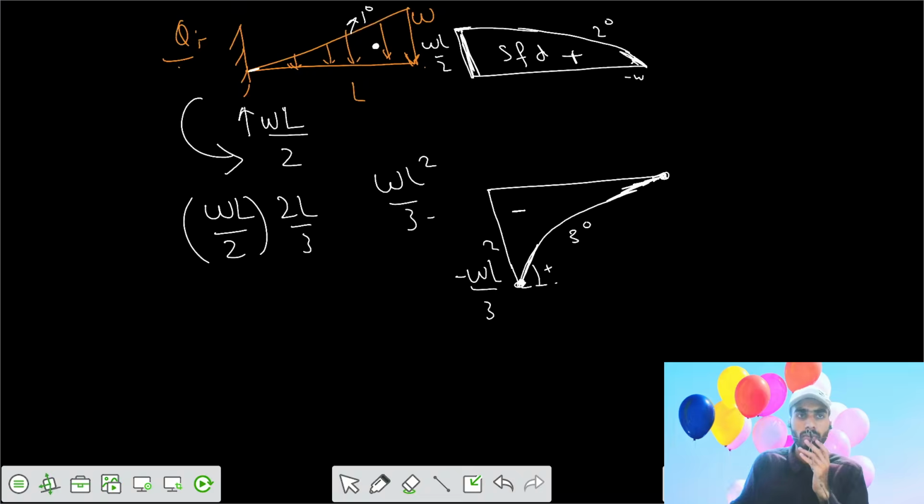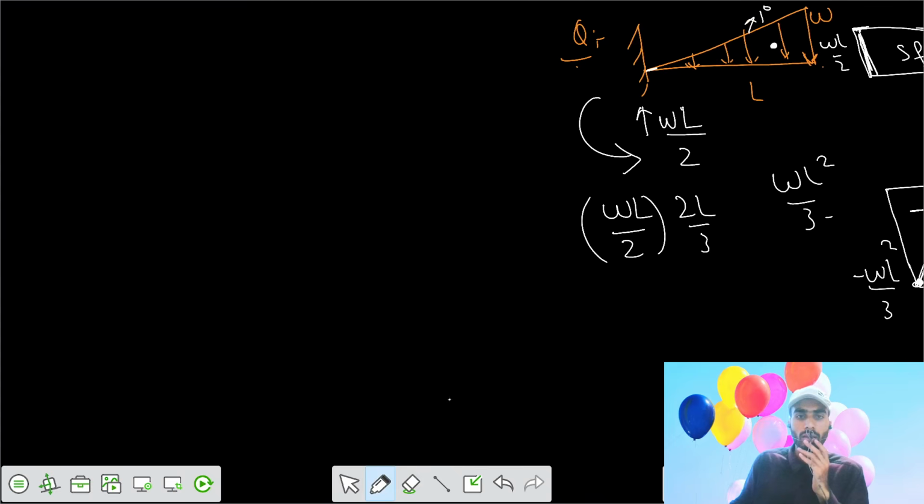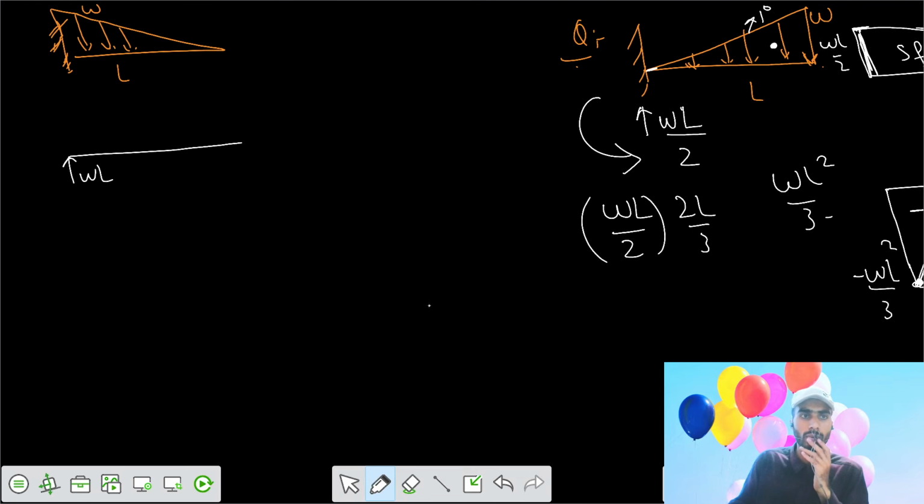Taking the same problem, but changing the loading direction. So here it is W, length L, fixed support. Say the reaction here is also WL by 2, and we can make the shear force diagram.